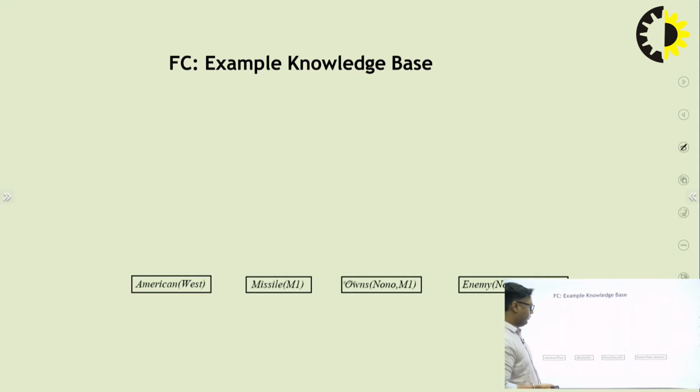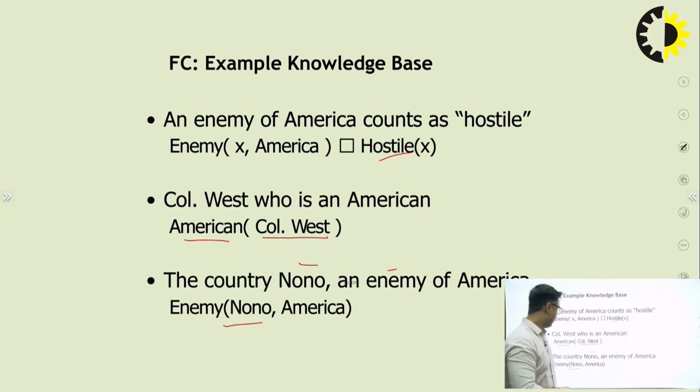In the tree, first I mention Enemy(Nono, America), which is part of the left side, used in fact form.